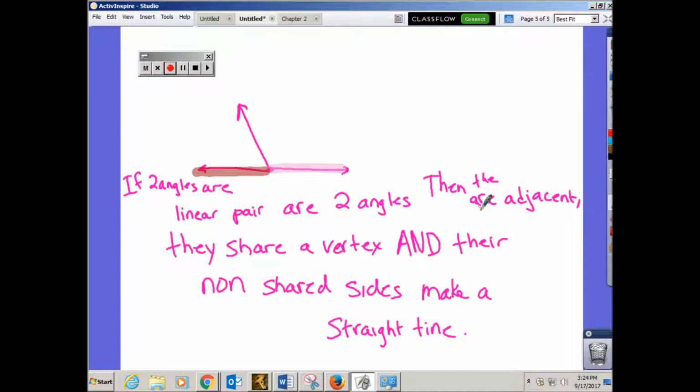So this is kind of an overview of what we mean by writing if-then statements.